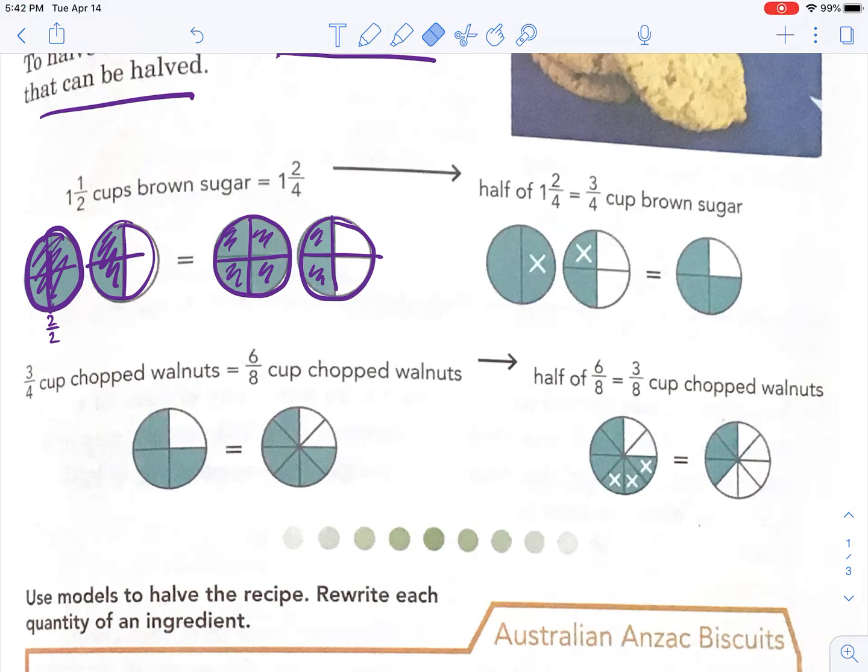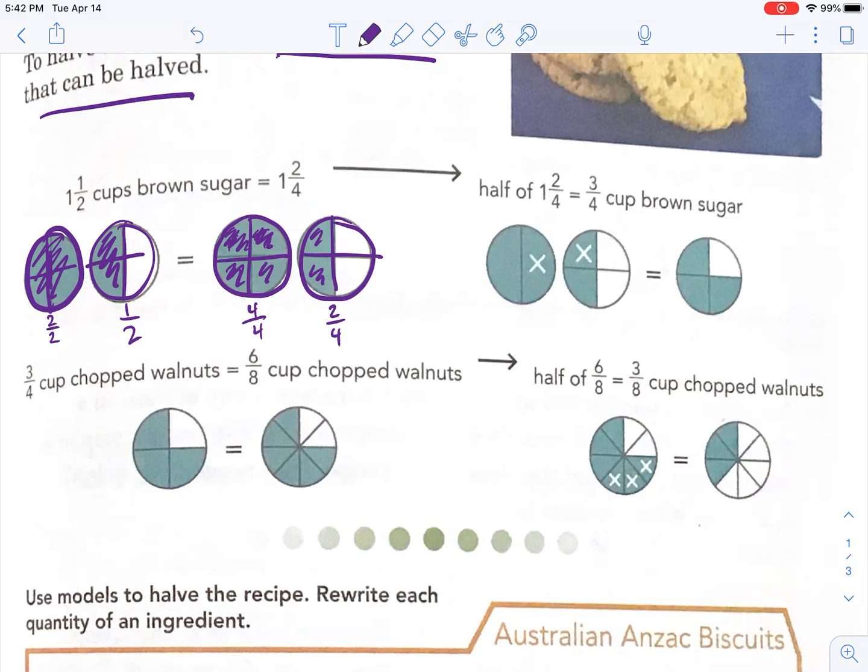All right, so we just converted 1, still 1, because 4/4 is the same as 1, right? 1 2/4. Do you see it? There's 1/2. All right, so now, since we have fourths, we can cut these in half a little bit better.